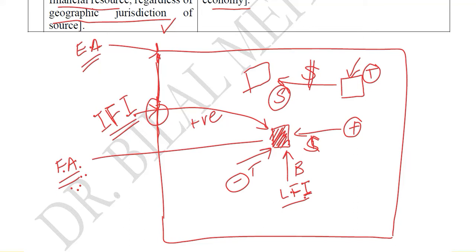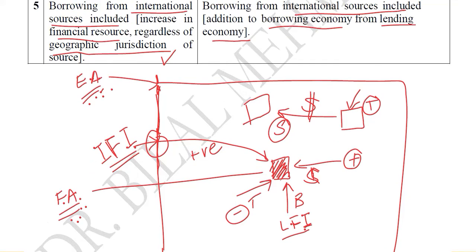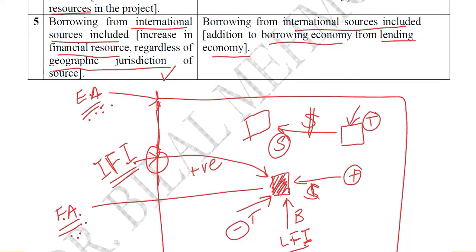So the economic impact is there and it is justified to include this transaction in our economic analysis, because there is some resources flowing in from the lending economy or any other international financial institution into the borrowing economy. Therefore, we address this in our economic analysis, and this entry is conducted.